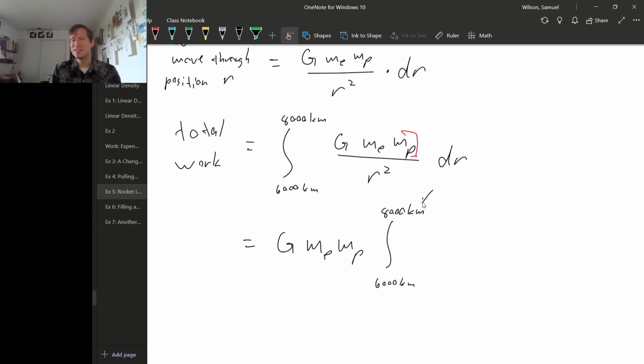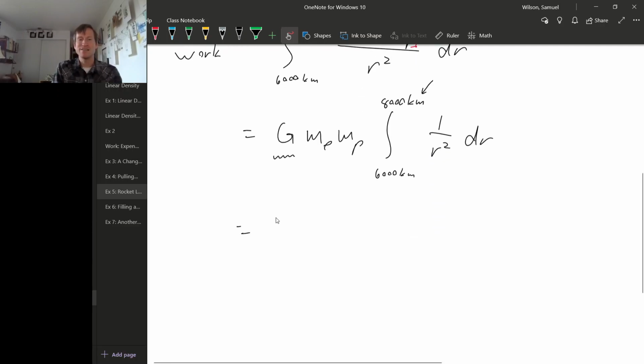I'm keeping the units here, by the way, because remember, for G to be the value that I said it was, you have to be measuring things in meters. So when we go to actually plug in our bounds, we're going to have to convert all our kilometer values to meters. Okay, after we've moved the constants outside the integral, we're left with 1 over r squared dr.